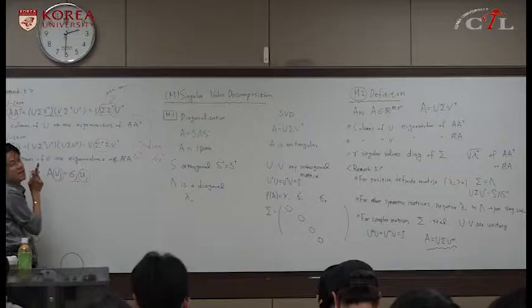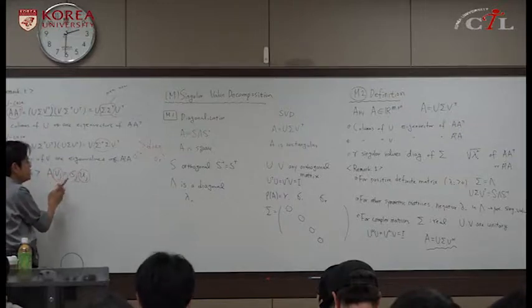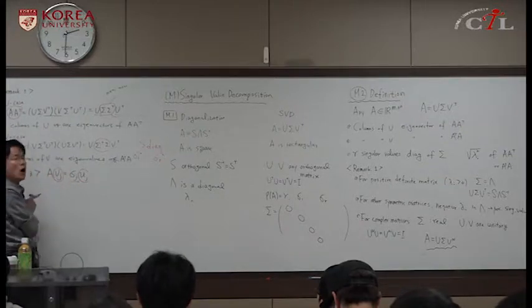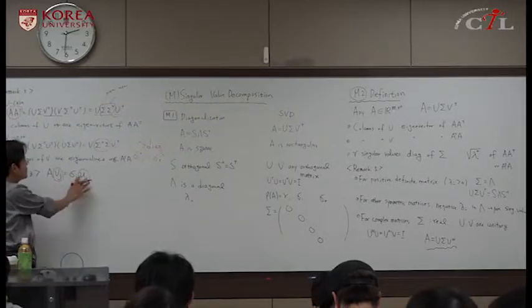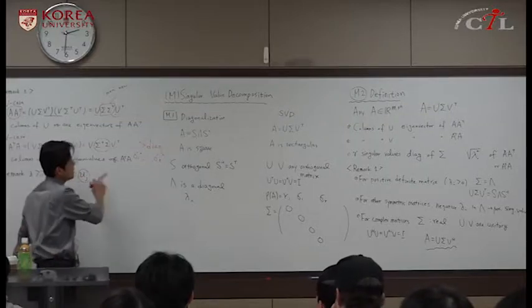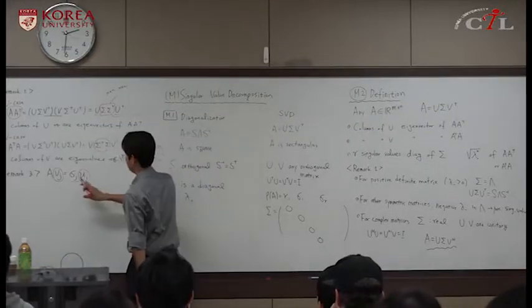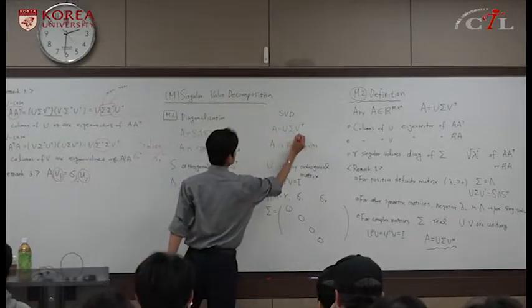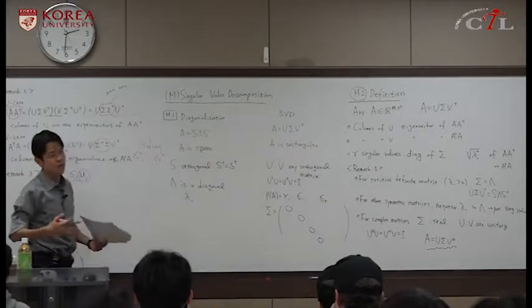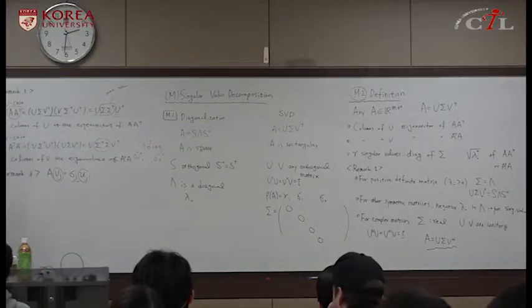A, U, V, and their singular values are, I may say, harmonized in some way. All the components are here: A, U, singular value, V. They are related in some way.